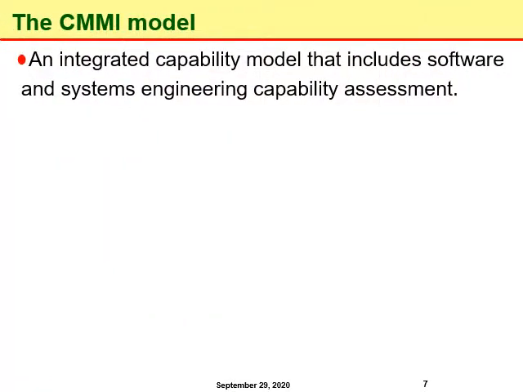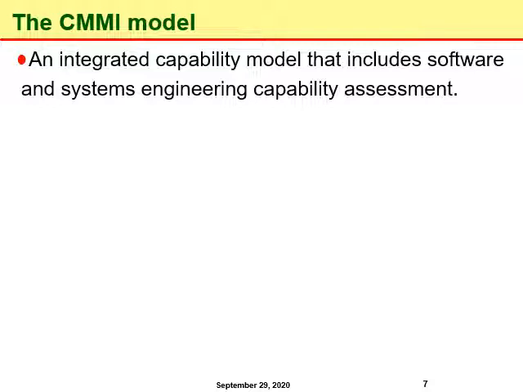Then the CMMI model. The CMMI model expands beyond software engineering to help any organization to measure their capabilities and improve their performance. Moreover, CMMI is understandable, accessible, and flexible enough to be integrated with other methodologies like Agile.